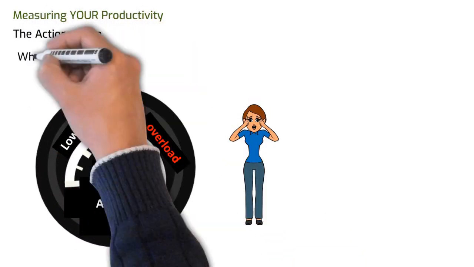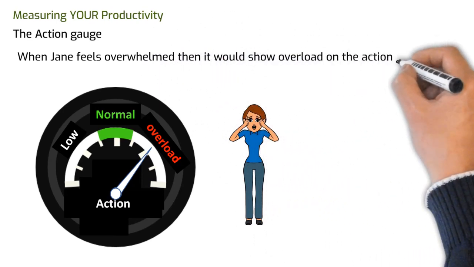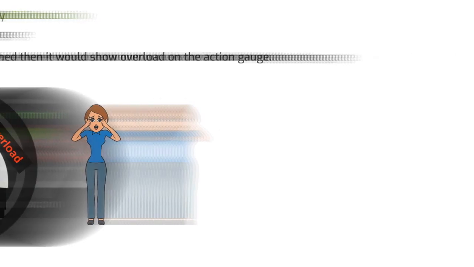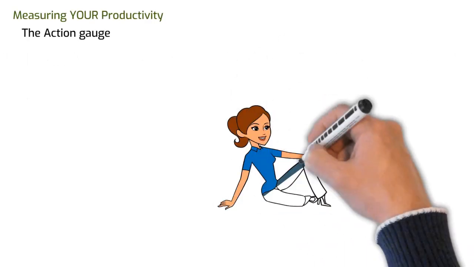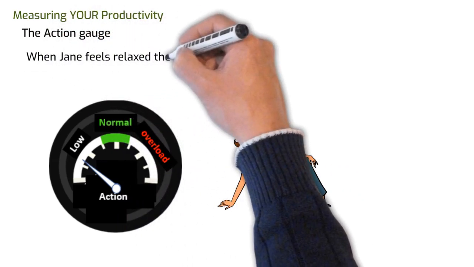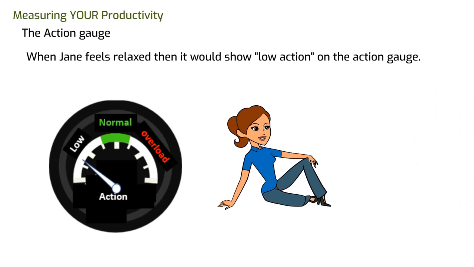The action gauge. When Jane feels overwhelmed, then it would show overload on the action gauge. When Jane feels relaxed, then it would show low action on the action gauge.